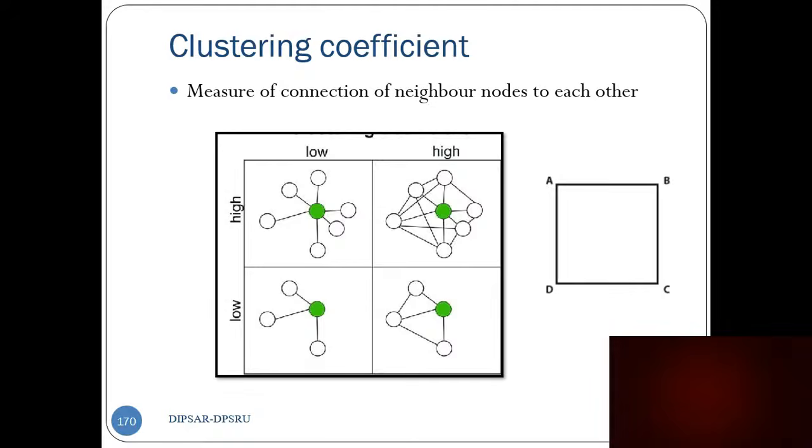Subham is saying one. For A node, clustering coefficient is one. Okay. Any other one? Or do you all agree with Subham? I am again talking about this square box, and this is the A node, this is the B node, this is the C node, this is the D node. Manoj is saying the clustering coefficient of A node is 2. Okay. Any other? Another user is saying 2.